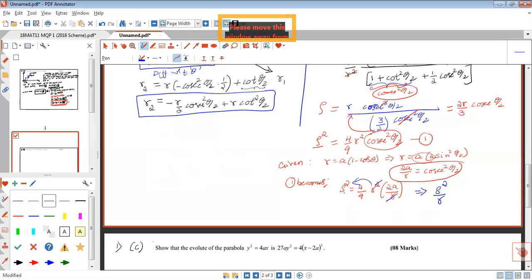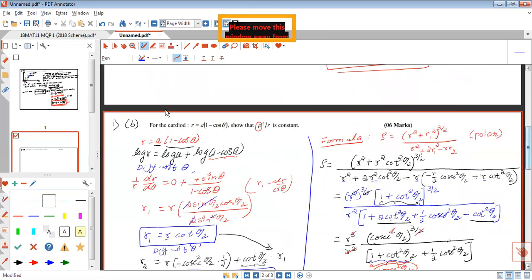So rho square divided by r will be 2a into 4, that is 8a divided by 9, and 8a divided by 9 is completely a constant term, right? Therefore rho square by r is a constant, hence the proof.